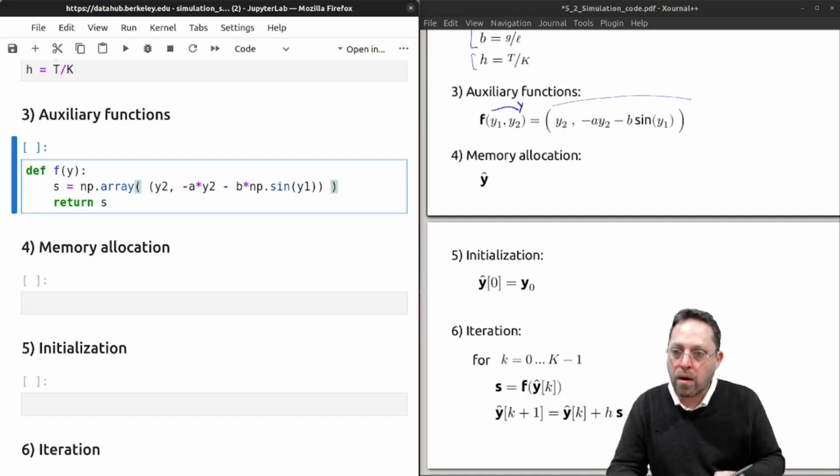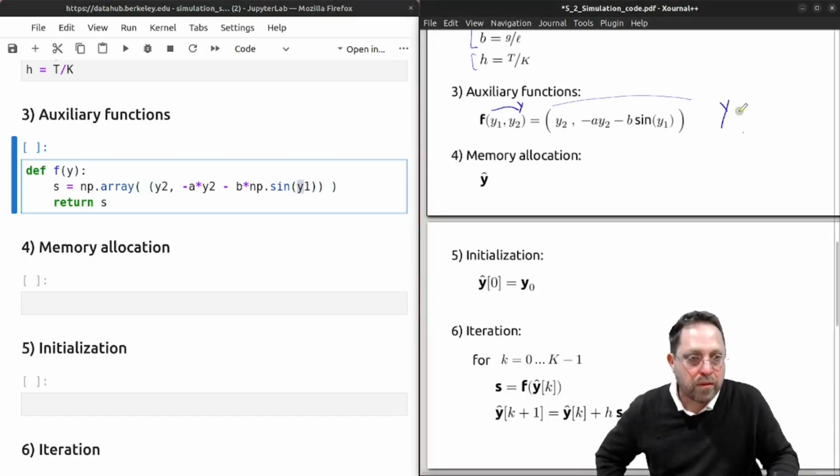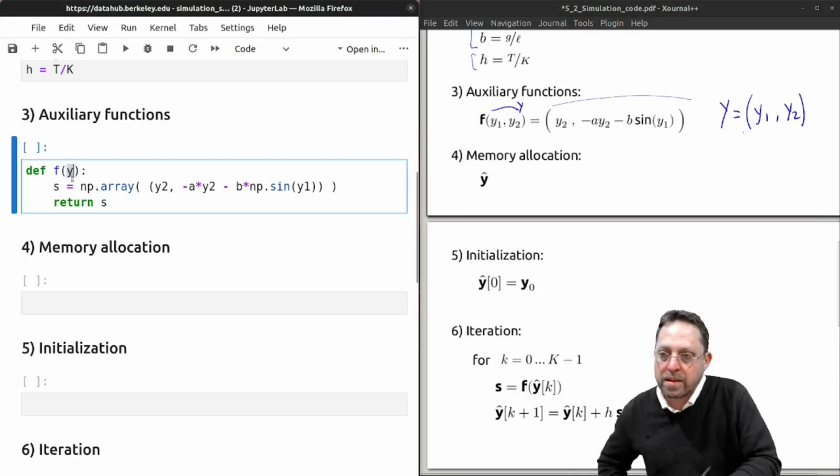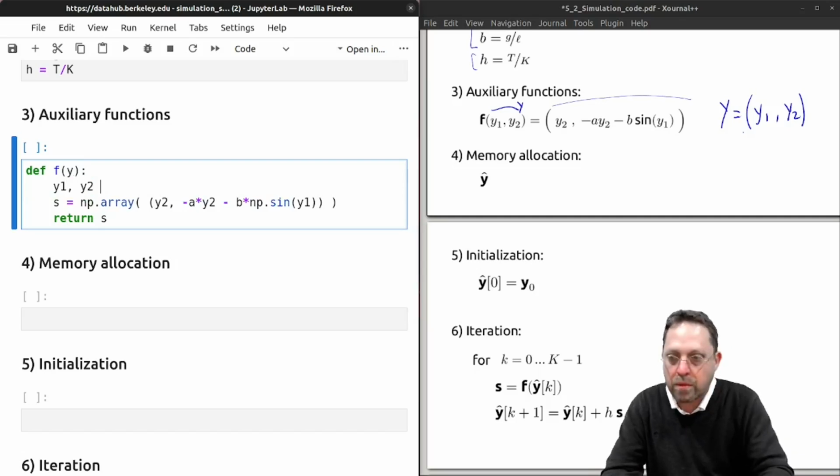Okay, now we need to define y2 and y1. And you remember that that comes from the state vector. The state vector has components y1 and y2. And we're getting the state vector in the input. So all we need to do is unpack that state vector into y1 and y2.